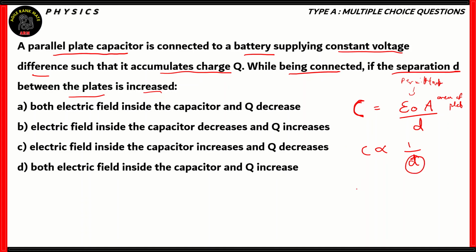Now the capacitance can be related with the charge like this. So C is directly proportional to Q. So therefore, when you have an increase in the separation, the capacitance decreases. That means the charge Q also decreases. So we can see that the charge Q is inversely proportional to D.